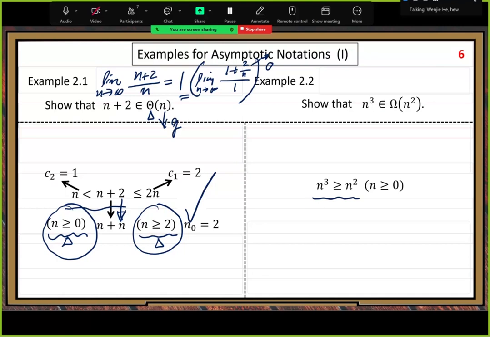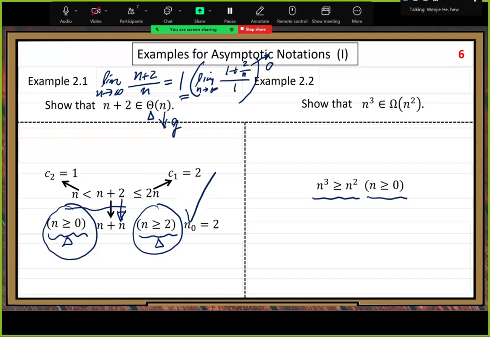Here it's easy, because n only takes non-negative discrete numbers, and when n is greater or equal to 0, this inequality always holds. N equals 0, both sides are 0. N equals 1, both sides are 1.